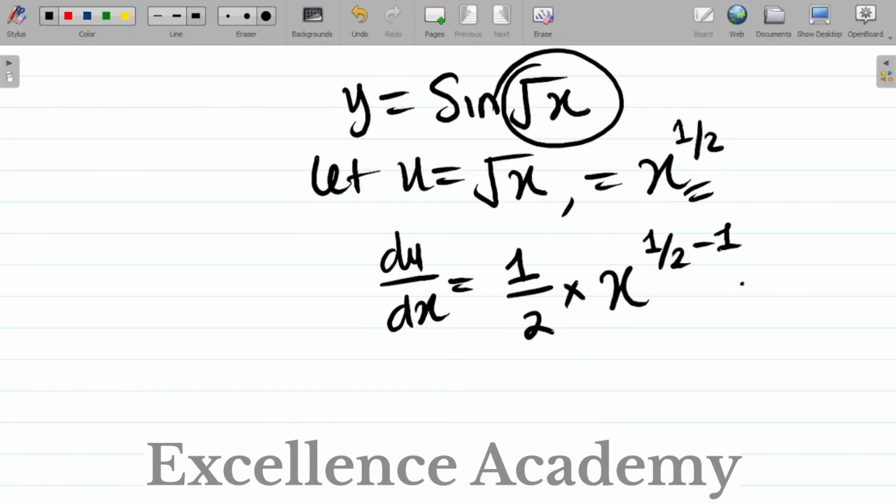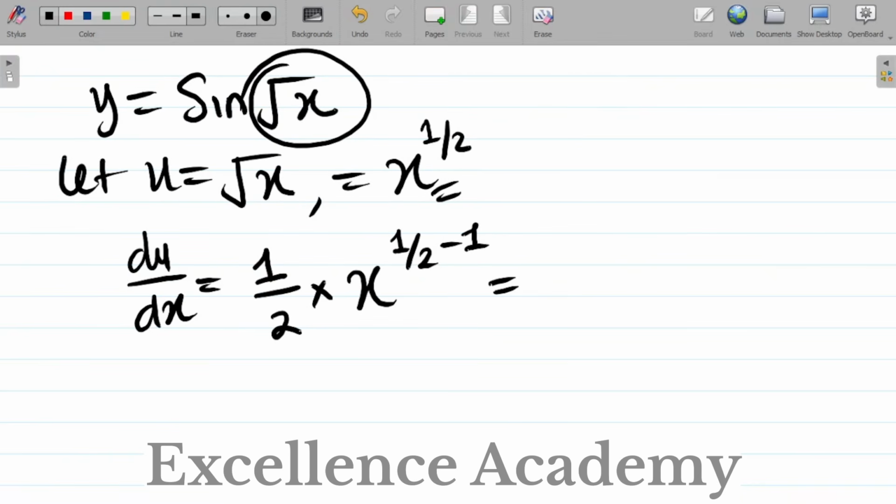Working on this will be equal to 1 all over 2 times x to the power 1 over 2 minus 1, which gives you minus 1 all over 2. Work on this again.